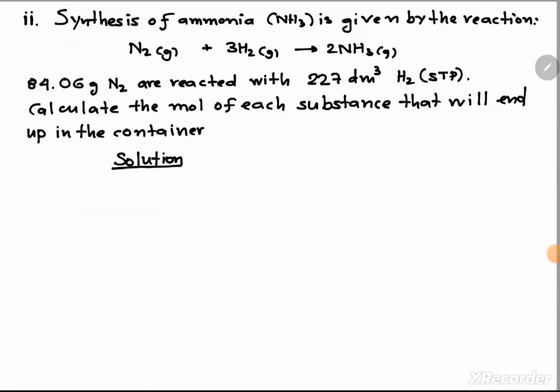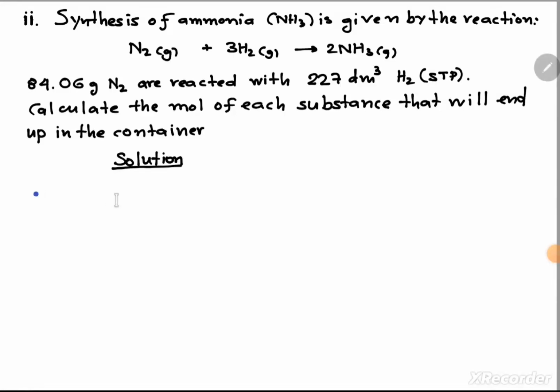Example 2. Synthesis of ammonia is given by the reaction. 84.06 grams of nitrogen are reacted with 227 dm³ of hydrogen at STP. Calculate the moles of each substance that will end up in the container.